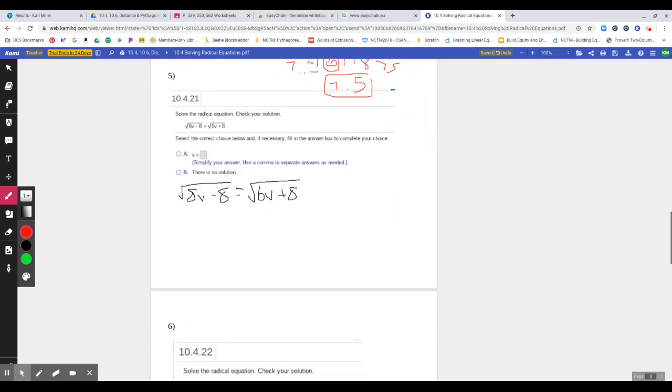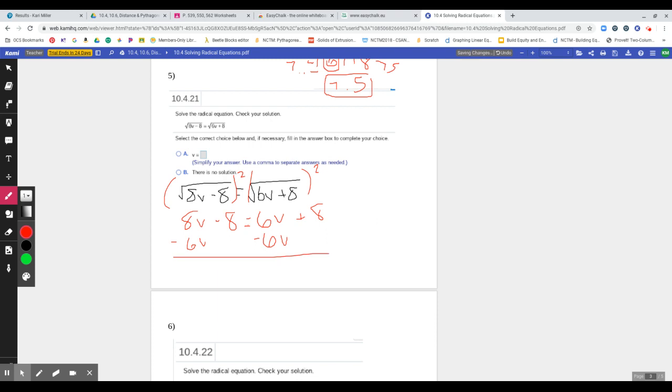All right, number 5. We did something similar to this at the very beginning of these notes. Square both sides. And we get 8v minus 8 equals 6v plus 8. So in these type of equations, whenever you have variables on both sides, just like I did on the very first example, first get the v's together on one side.